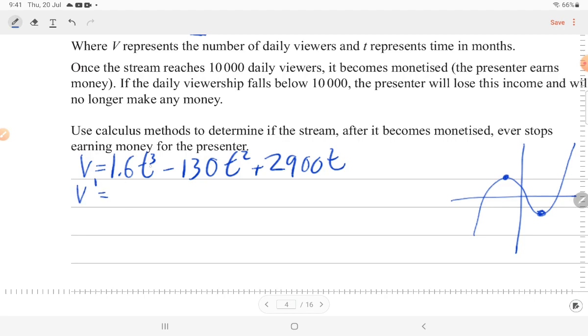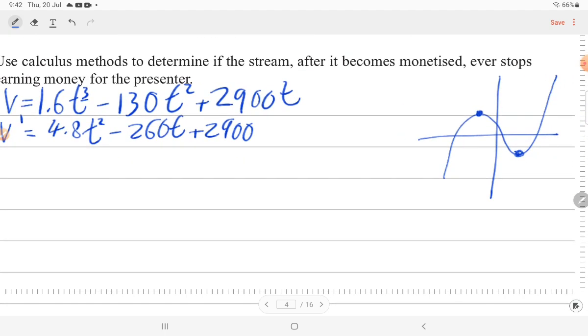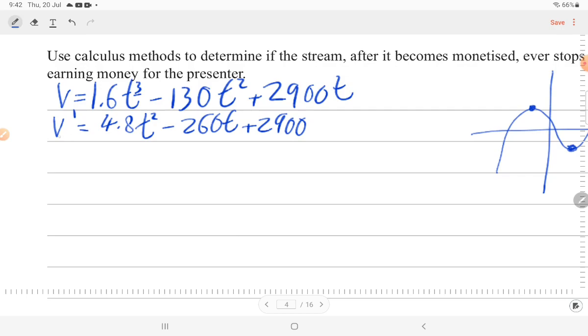We did a few before, so we take the 3 and multiply it in front, 4.8, take 1 off the power, 4.8t squared, take away, bring the 2 in front, 260t plus 2,900. And to find these two critical points, we set v dash equal to 0.